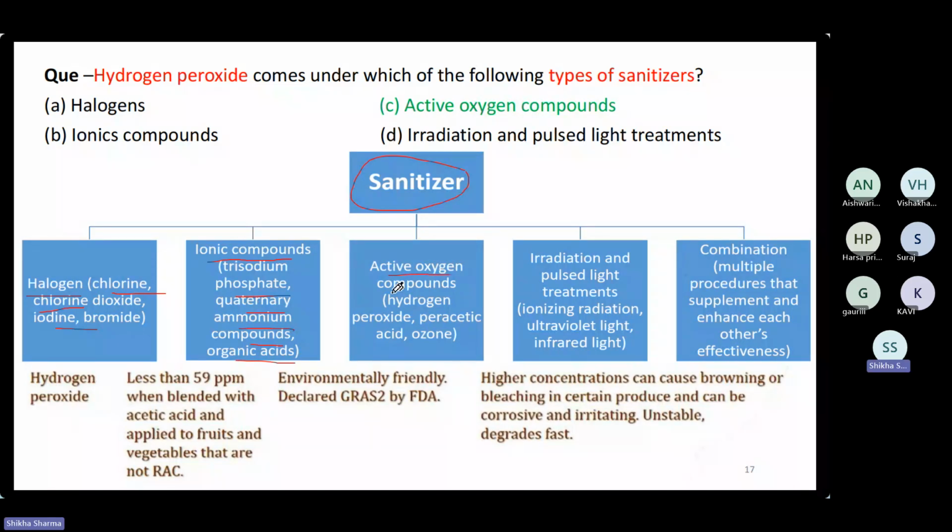In active oxygen compounds, hydrogen peroxide, peracetic acid, and ozone. Fourth, irradiation and pulse light treatment, which includes ionizing radiation, ultraviolet light, and infrared light, and the combination of these methods. So hydrogen peroxide comes under active oxygen compounds.